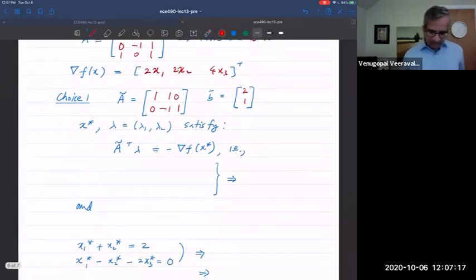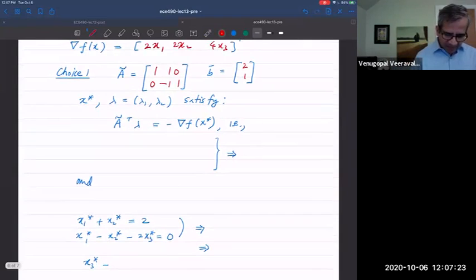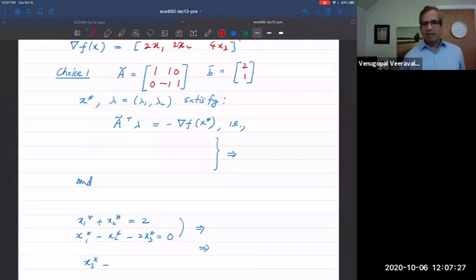Okay? And let's solve. So we know now that we can solve for x star and lambda, because we now have a problem for which all x's are regular, and so we can apply the Lagrange multiplier theorem.